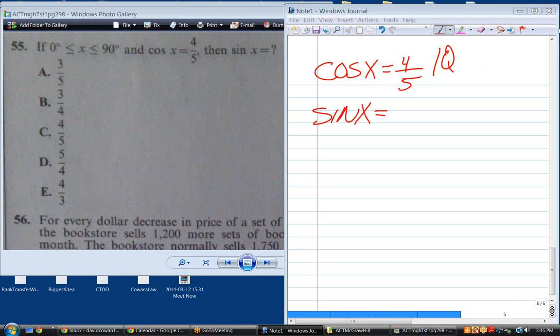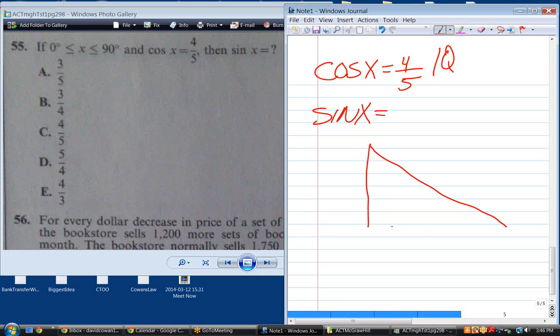This is actually a very standard trig question and has a very easy solution. Whenever they give you the trig function of an angle and ask you about another trig function of that same angle, all you have to do is draw a right triangle.